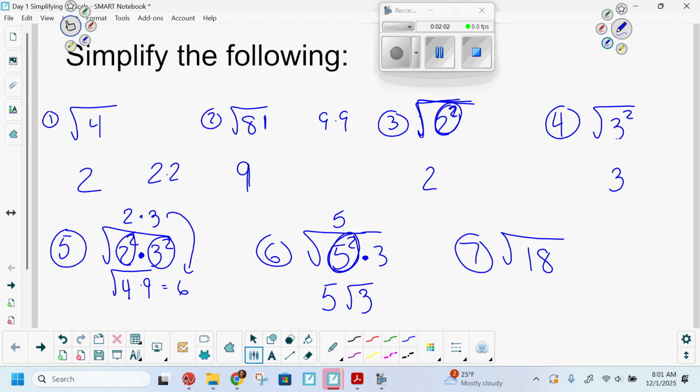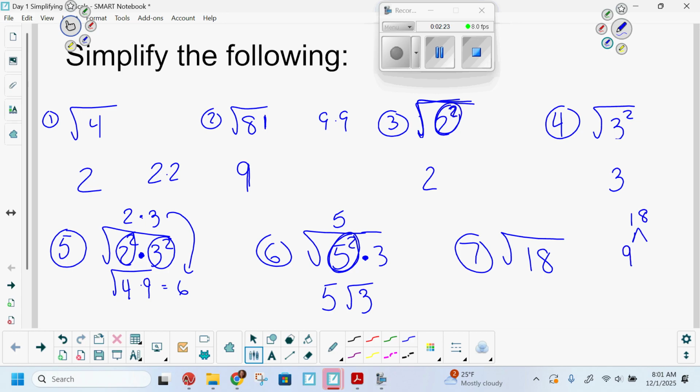Now for 7, you probably weren't sure how to do this. But if we think about 18, if we can break 18 down into some perfect square factors, then we can what's called simplify the radical, and that's what we're doing today. So let's see, 18, I can break that down into its prime factorization.